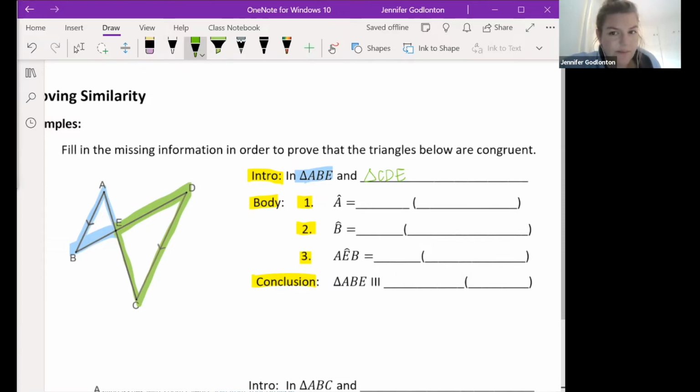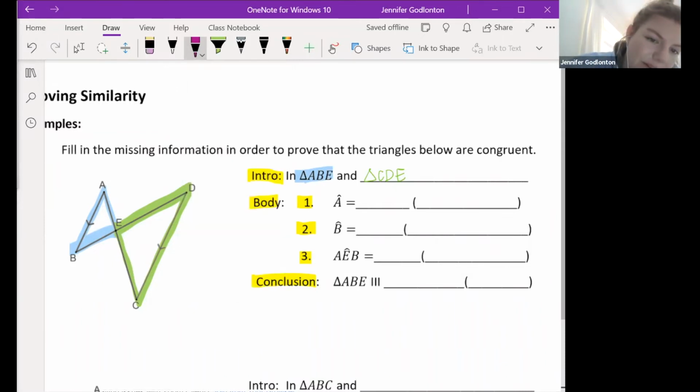Step 1. Hannah, at this point, if you wrote DCE, it would be fine. It won't be fine in our conclusion, but in your introduction, it would be fine. Then we're going to get into the body of it. Okay, let's start.